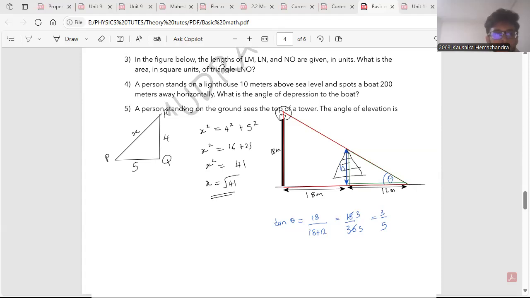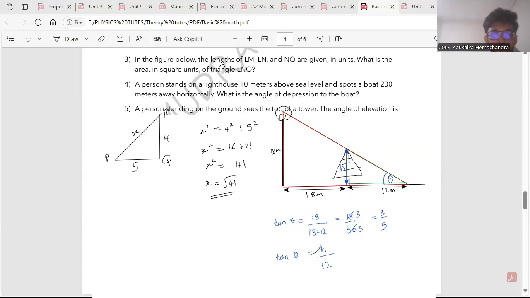So tan theta for the small triangle will be h over 12. This is h, this is 12. H is opposite over adjacent.